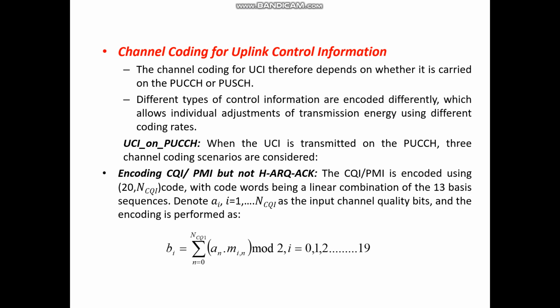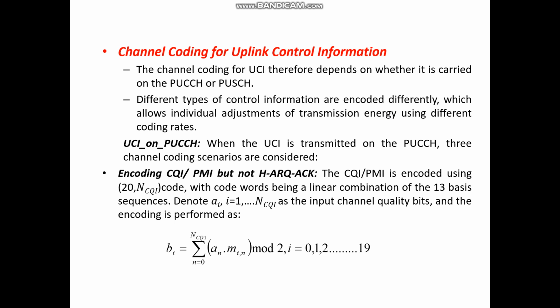And we can have different types of UCI, that is UCI on PUCCH, UCI on PUSCH, like that. First, we'll understand UCI on PUCCH. When the UCI is transmitted on the PUCCH, three channel coding scenarios are considered.